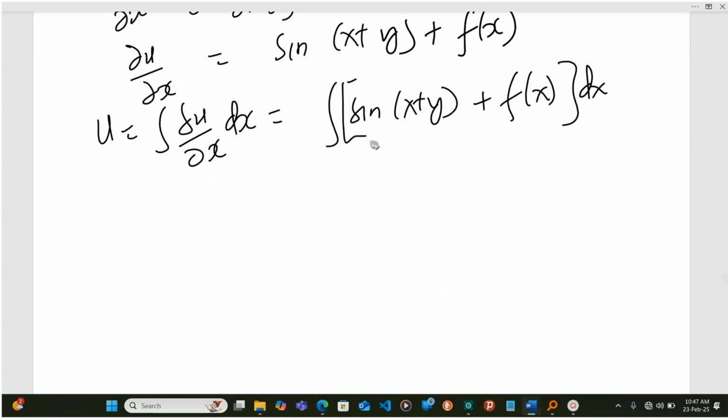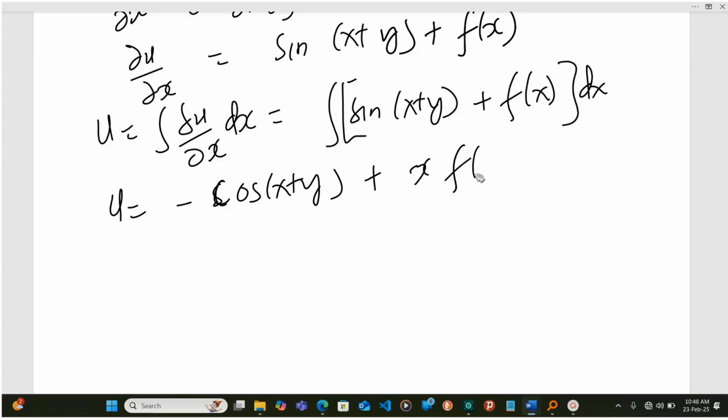So if we integrate that, this becomes u, which shall equal to minus cos x plus y, then plus x f of x, and now plus f of y, because we are doing partial integration, so if we integrate with respect to x, then we shall have a constant of integration, a function, an arbitrary function f of y.